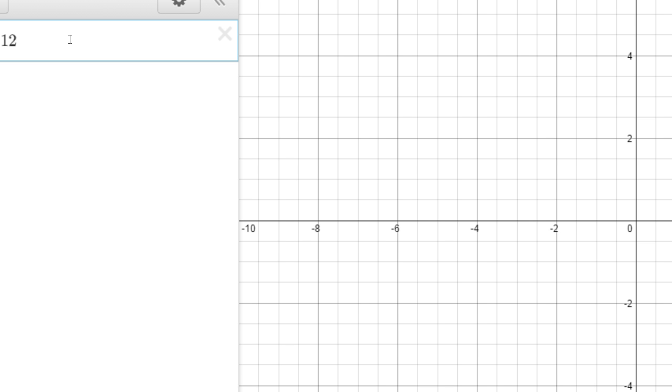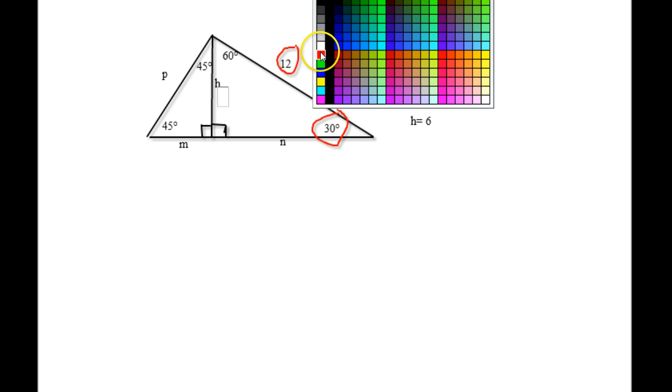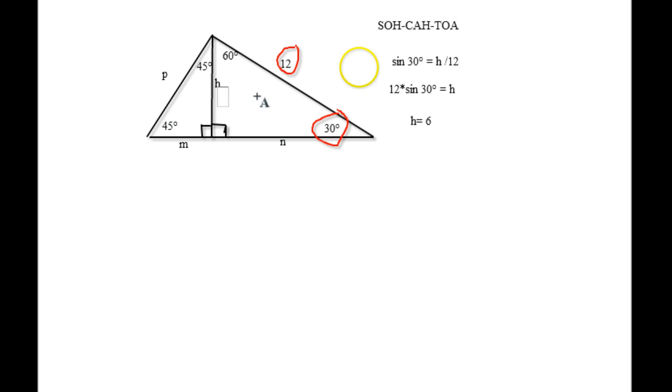Okay, so 12 times the sine of 30, okay, we get 6, which makes sense because if we take a look at our chart, let's get h equals 6. Because technically sine of 30 is 1/2, and 1/2 times 12 is 6. Okay, so that makes all kinds of sense. So we actually have a number right now, so let's go ahead and give it 6. So we know this is 6 now. Okay, and then we can find this.